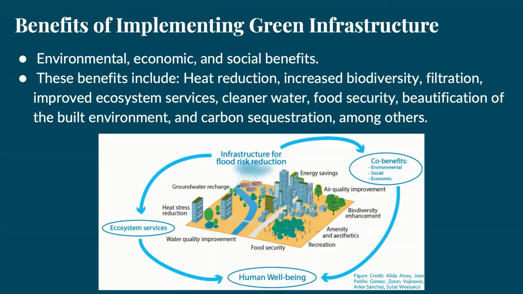So filtration is a big one for some of these green infrastructure items, because when we think about a lot of the surfaces that we have in big cities, they're impermeable. We don't allow for filtration when it comes to concrete and pavement and things like that. But with green infrastructure, we would allow for filtration instead to keep it clean and healthy.